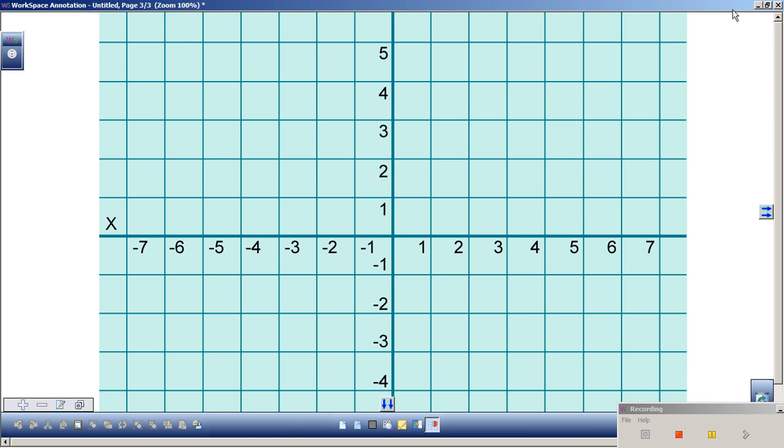Now let's do a bit more interesting one. Say y equals t squared minus 3, and x equals, let's say, 2t minus 1. What do you think it's going to look like?